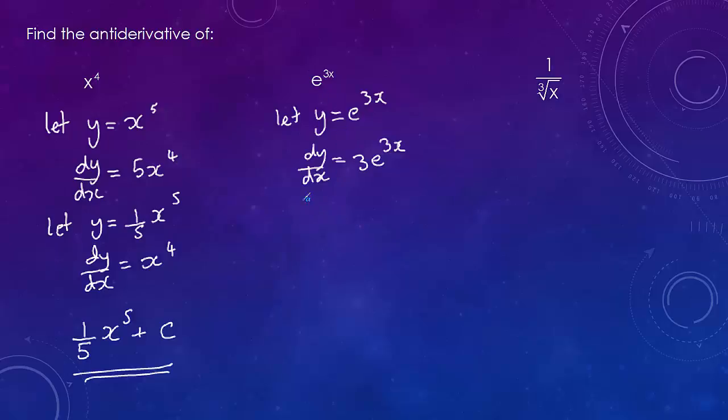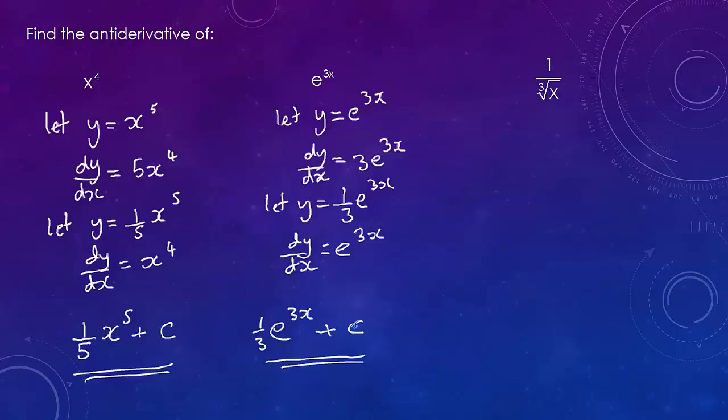So that's more than we want, but if we let y be equal to 1/3 of e to the 3x, when we differentiated, we would get exactly e to the 3x, because when we multiply by the 3, it cancels with the third. So it seems that 1/3 e to the 3x plus that arbitrary constant would be the antiderivative of e to the 3x. If we differentiate this, we get this.